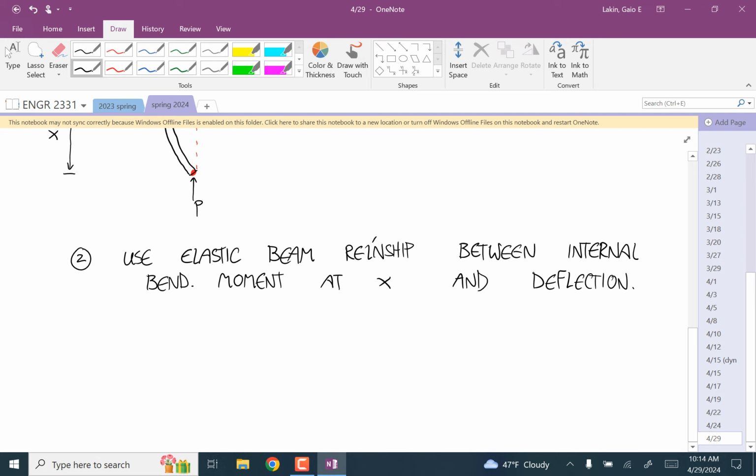And from this, you're going to derive the governing differential equation for pinned at the base.